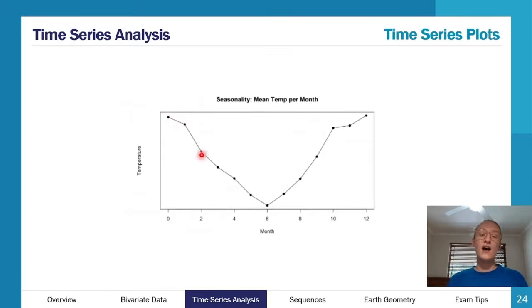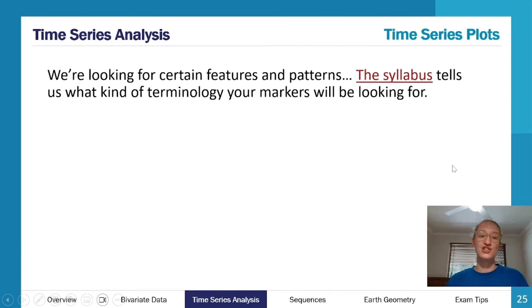Every point represents a time element on the x-axis, and then the response variable will be plotted on the y-axis. The main difference from a scatter plot is we normally have just one dot per time point, and then we can connect them because of that continual, precise, and unchanging linear relationship.